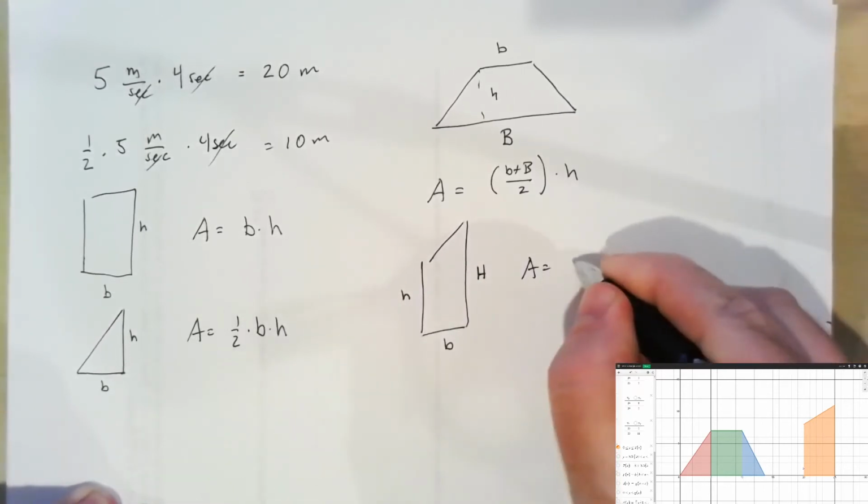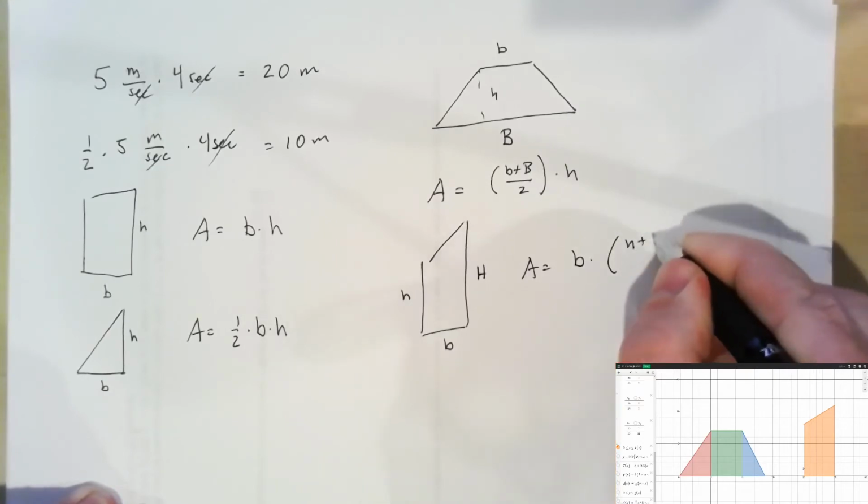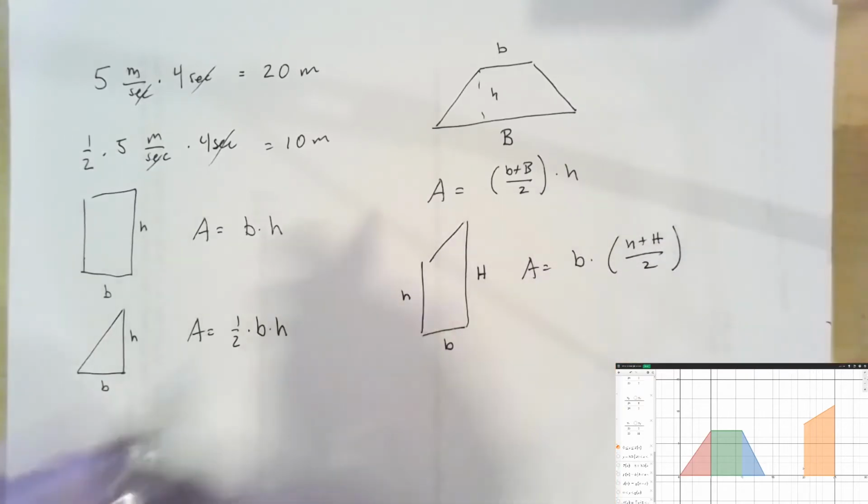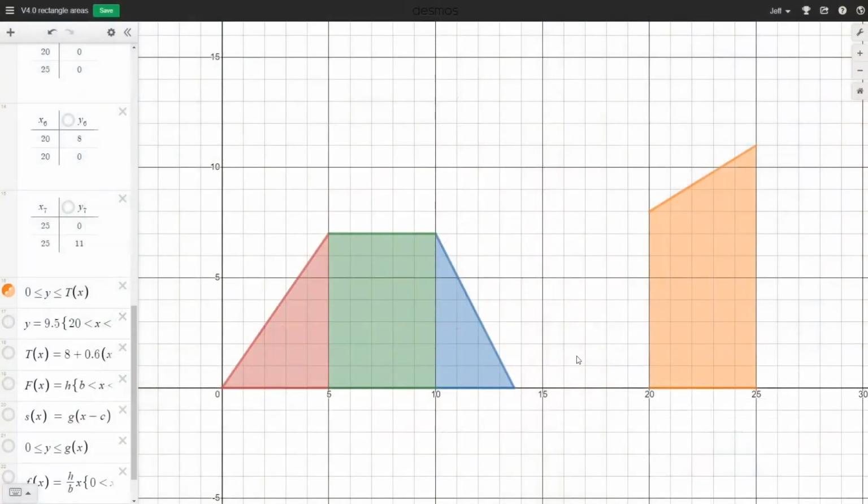The area is the base times the average of the two heights. You can perhaps see that more easily if you add in the average height. This side has a height of 8, this side has a height of 11, halfway in between is 9.5, and so this trapezoid is going to have the same area as a rectangle of height 9.5 and base 5.